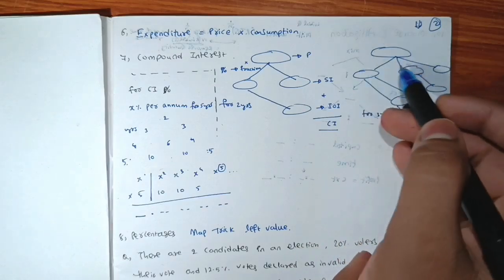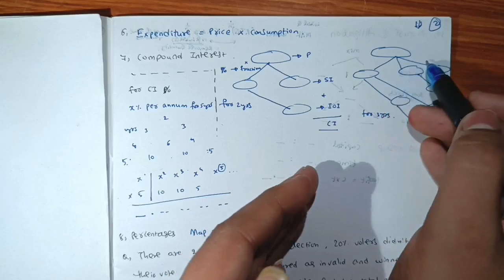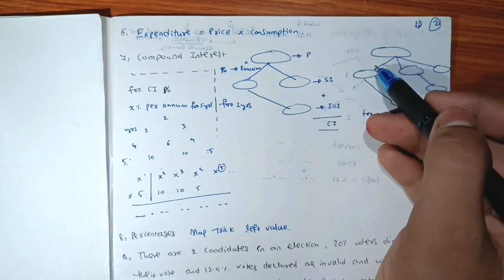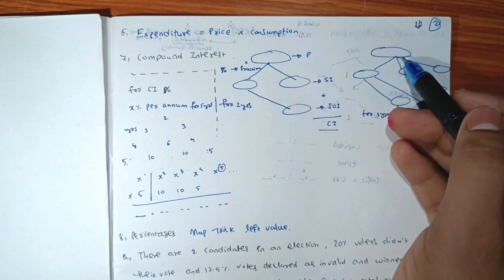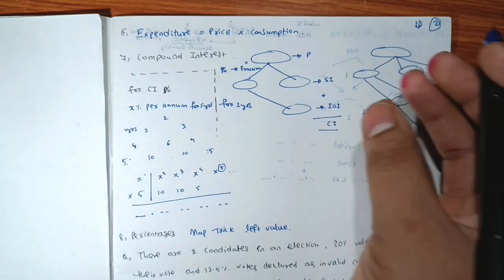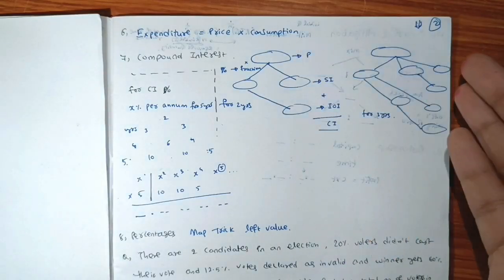Here we need to take the principal, and we take the SI by multiplying with the fraction, the rate of interest converted to a fraction, multiplied to the principal, and then multiplied again to the simple interest. We find the interest on the interest like this.